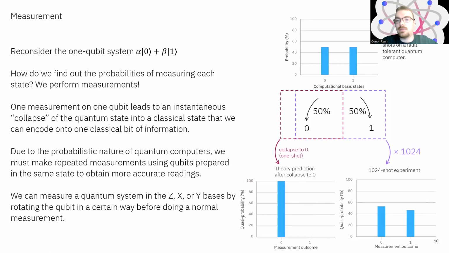And then, once we measure a few times, so in this diagram here, 1024 shots would be 1024 repetitions of some experiment and a measurement at the end. And then you can plot a histogram showing the number of 0 outcomes and the number of 1 outcomes, and dividing that by the total number of measurements, you will see the probability of measuring either 0 or 1.